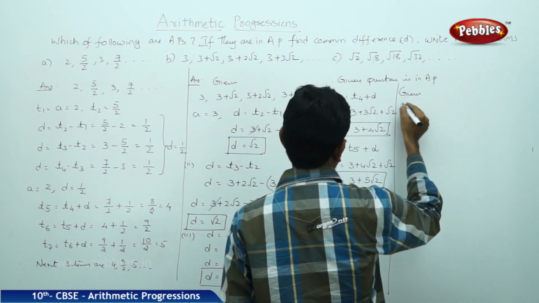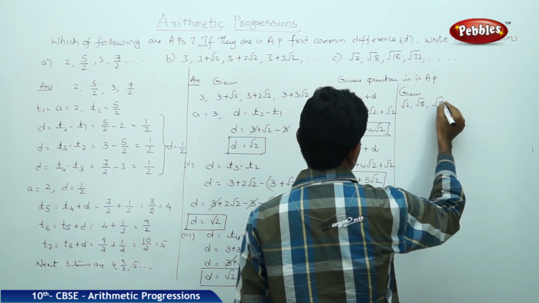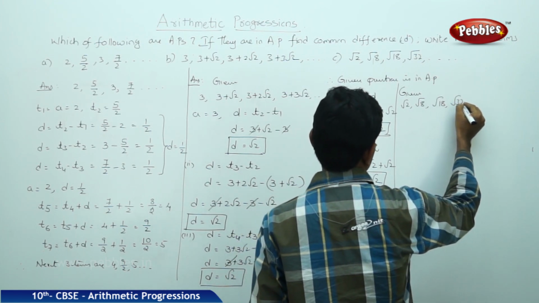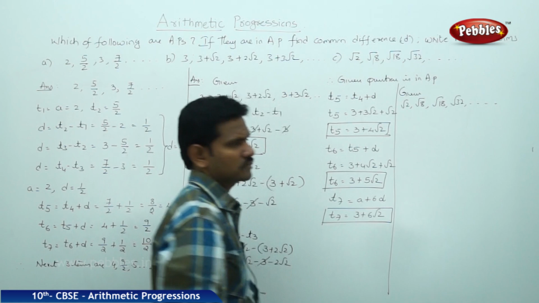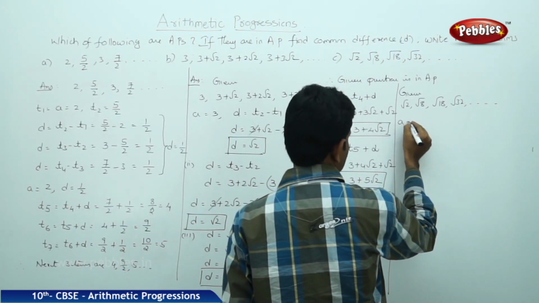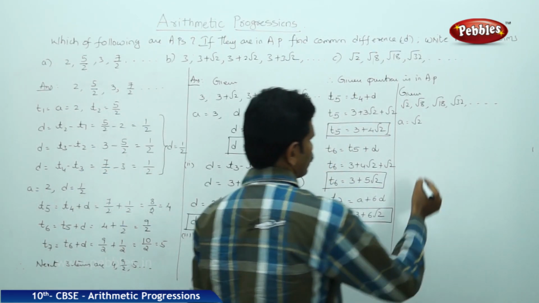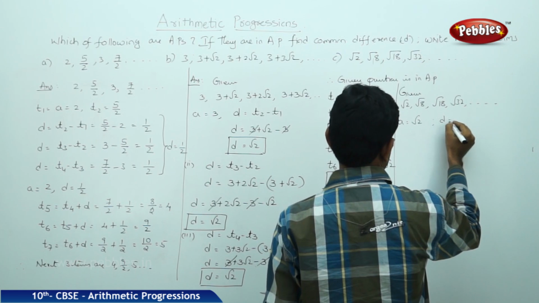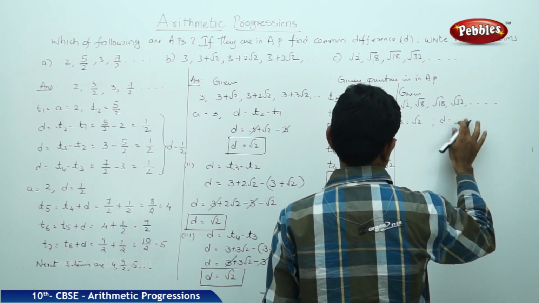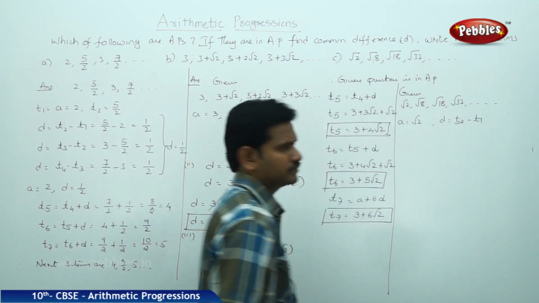Given root 2, root 8, root 18, root 32 and so on. Now A is equal to root 2. D is equal to, write the formula, T2 minus T1.